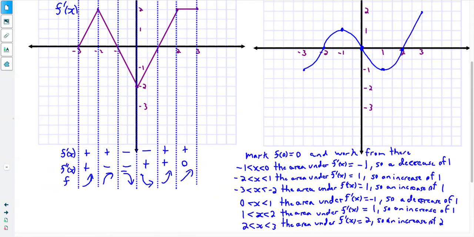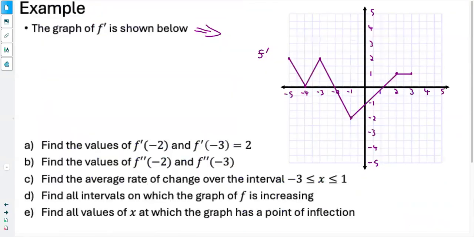Okay, so we will do another example. The graph of f prime is shown below. We want to find the values of f prime of negative 2 and f prime of negative 3.